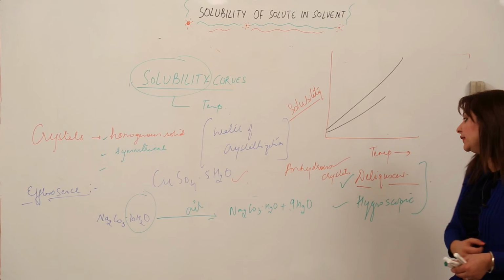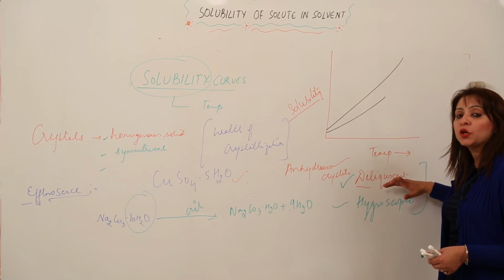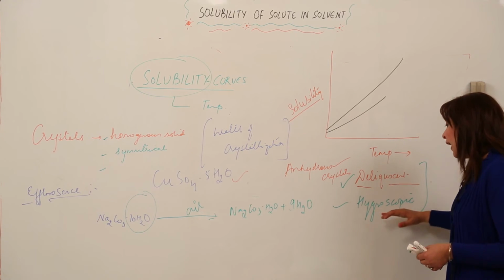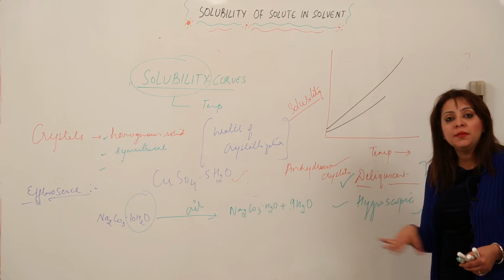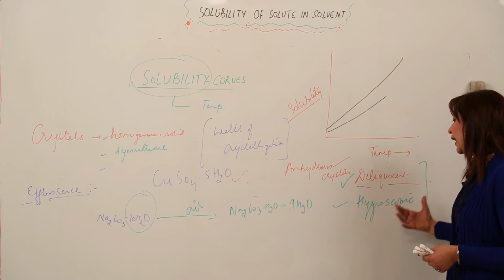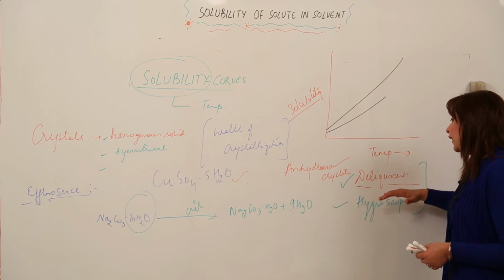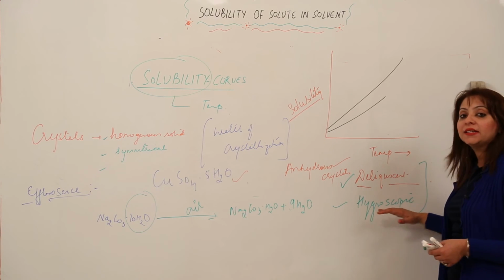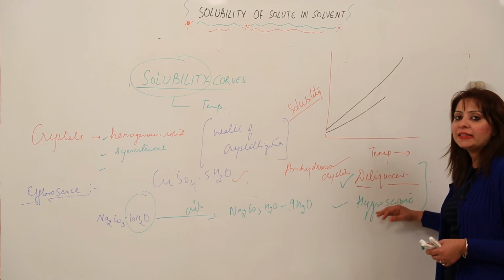But the difference is that in deliquescent, the substance absorbs moisture to an extent that it converts its state. But in hygroscopic, it does not convert its state. The moisture just forms a film around the molecule. So this is how we differentiate between deliquescent and hygroscopic. Don't forget it, don't get confused. In deliquescent, the substance absorbs moisture and changes state, and in hygroscopic, the moisture just forms a film around it but does not change its state.